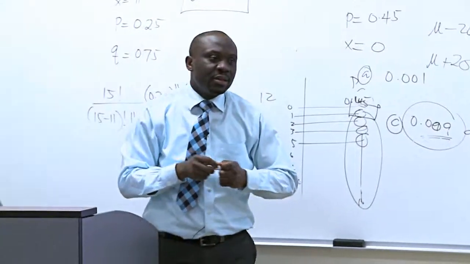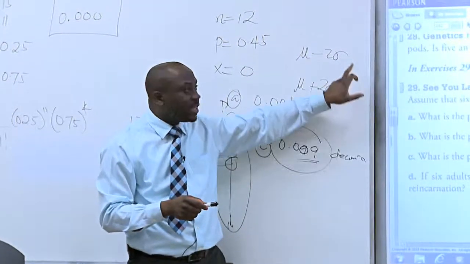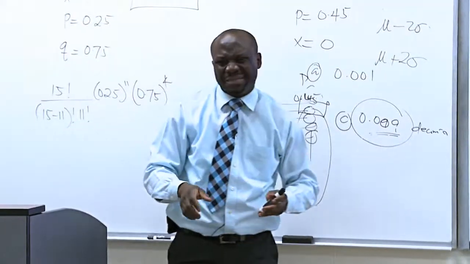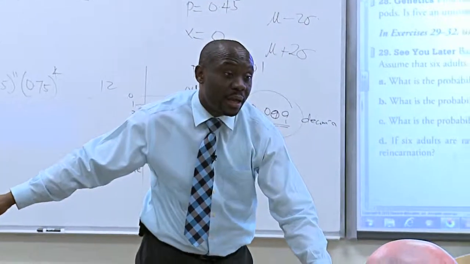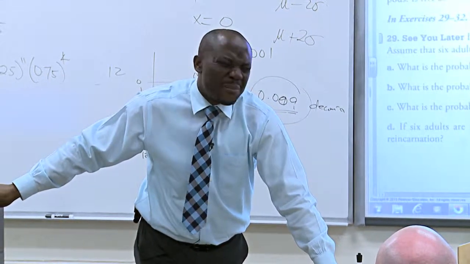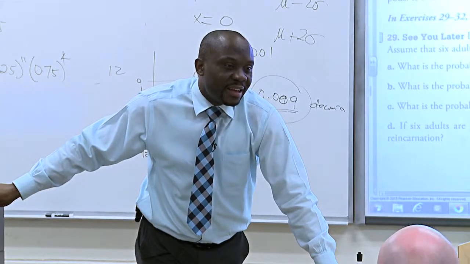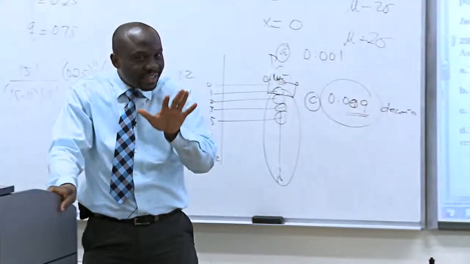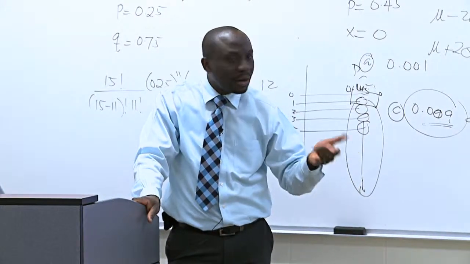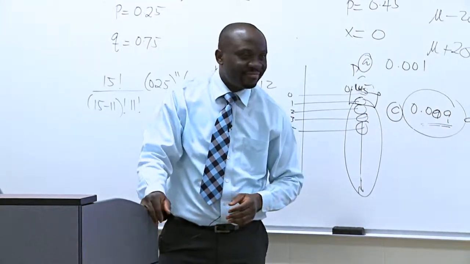So this is unusually high, and this is unusually low if your values are below that. Mu is the mean of the population. I haven't taught you the mean and the standard deviation for binomial yet. I'll be teaching you that on Thursday.